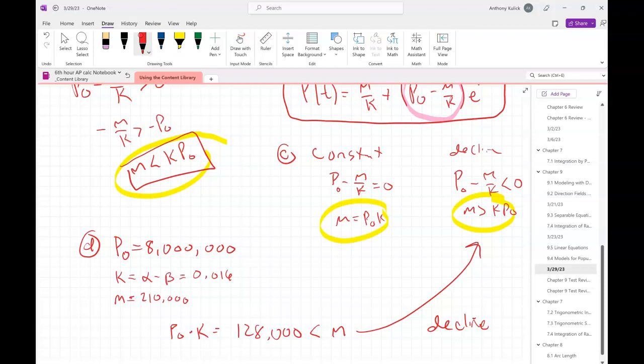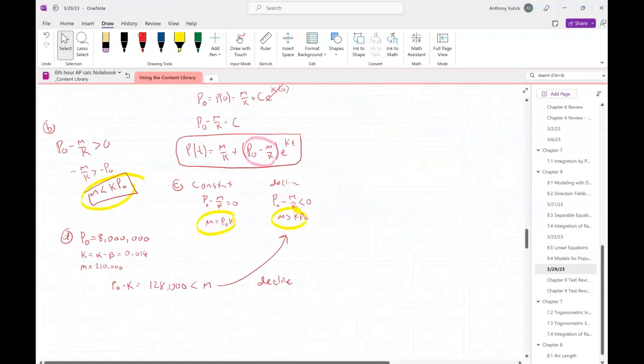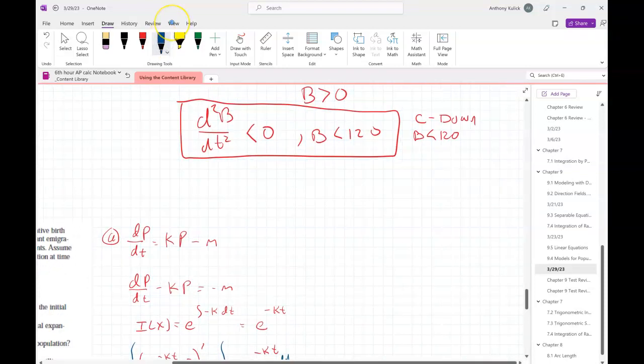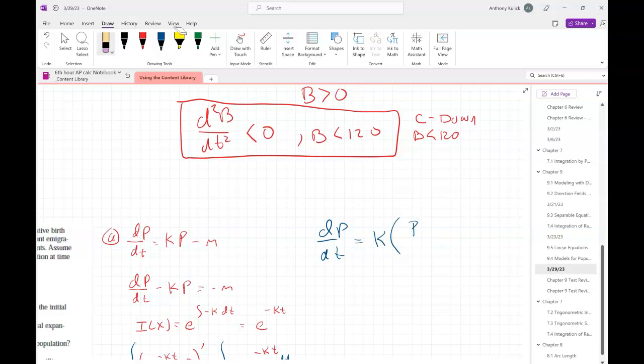And if you were sneaky about this, you could have done it without doing an integrating factor. Do you want to see how you could do that? The trick would have been to factor out a K. So you'd be here, and then you can divide both sides by P minus MK and multiply by dt, and you're good to go.